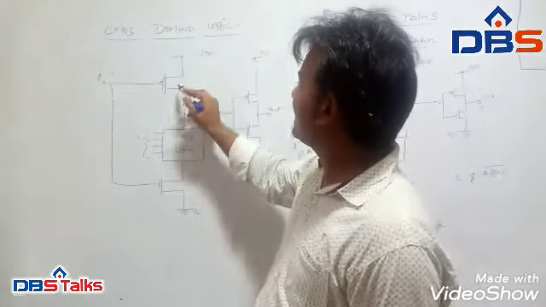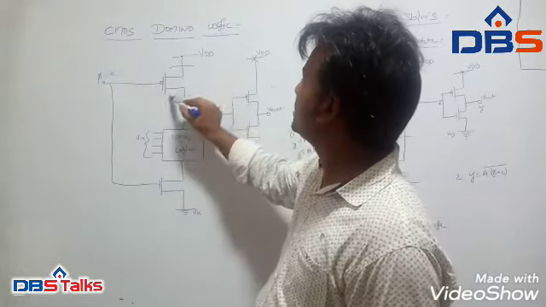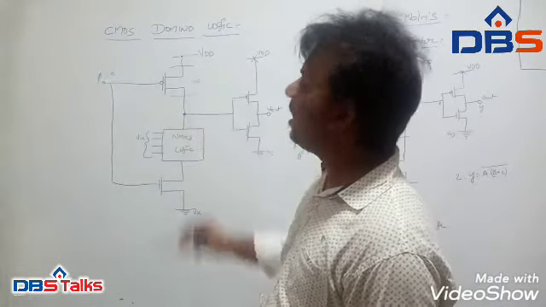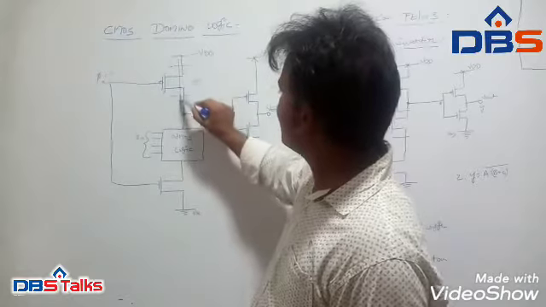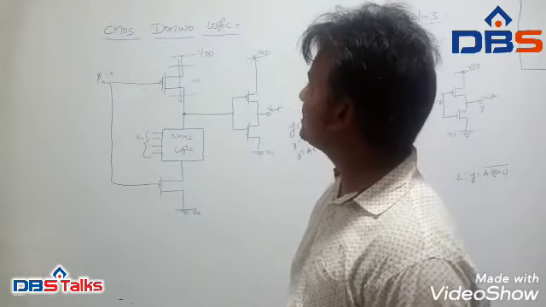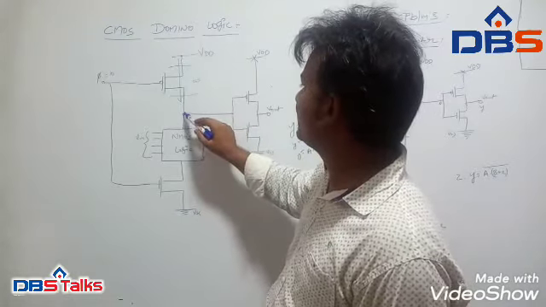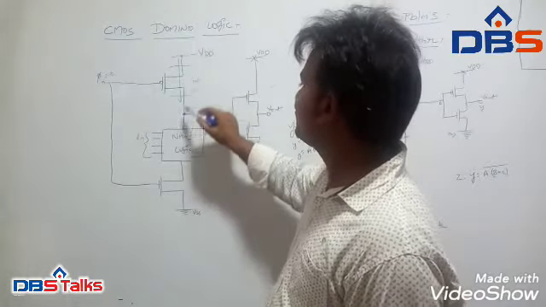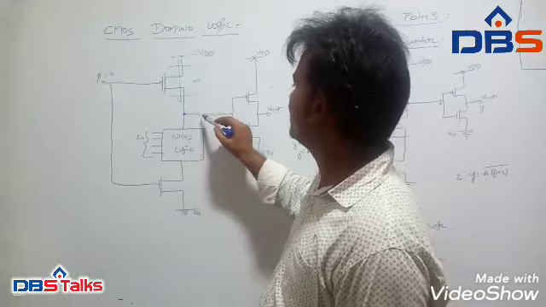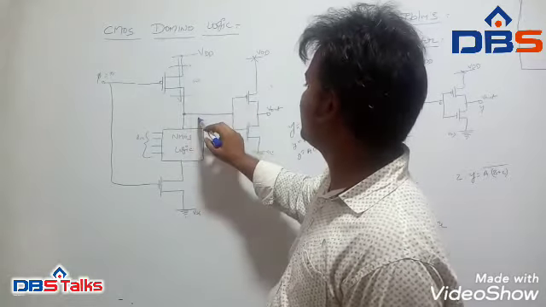In that case it will be a closed switch, that means an on switch. So it establishes a conducting path from VDD to this point, and the current will flow from VDD up to this point.